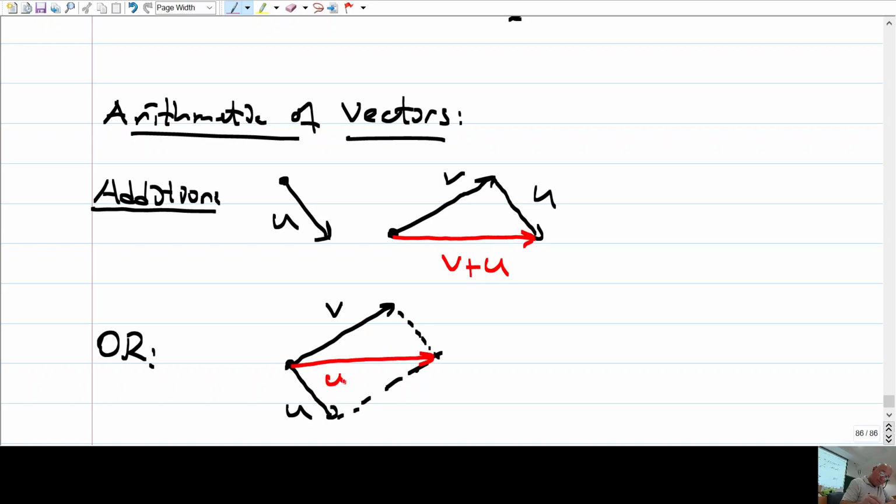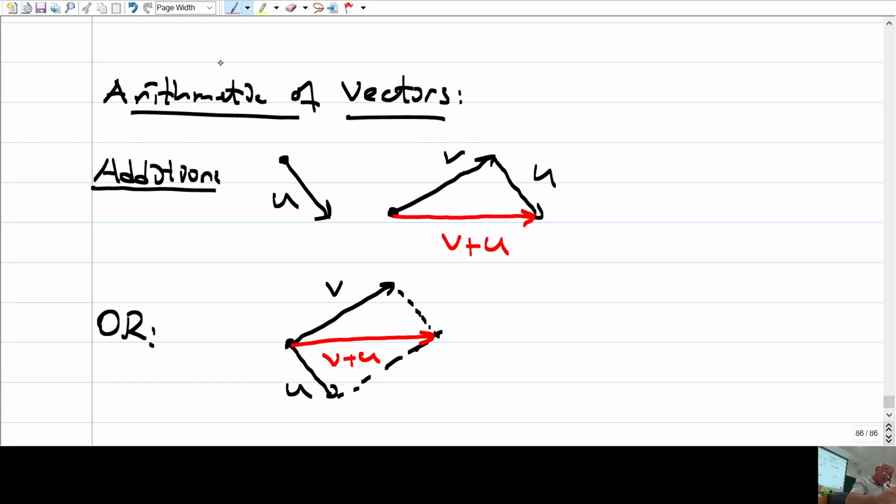This is u plus v, or v plus u. You can do both ways. Usually the second one is used. Okay, you take both vectors with the same initial point, and then you form the parallelogram and you take the diagonal. Okay, that's the sum.